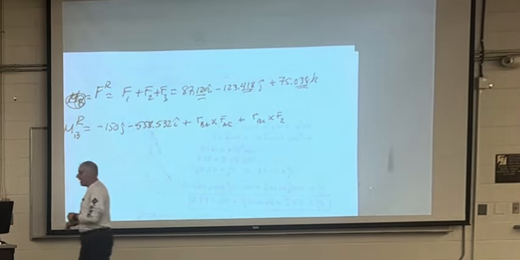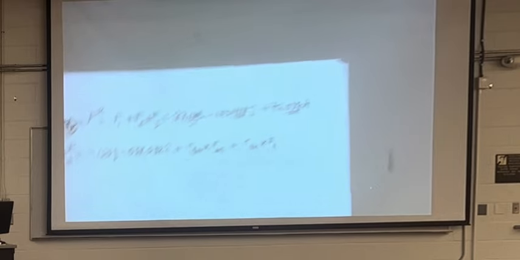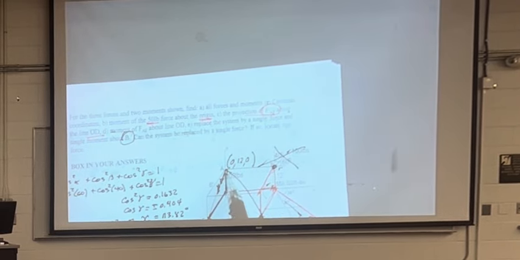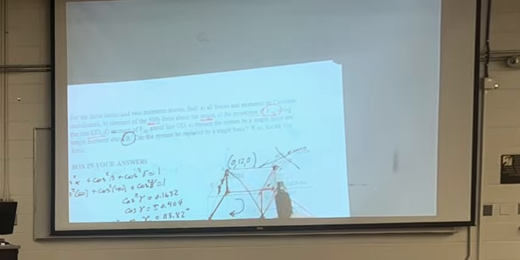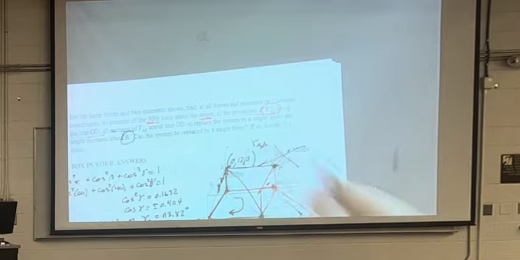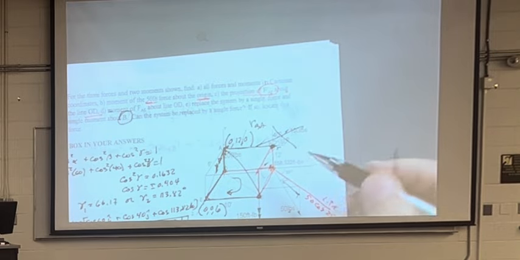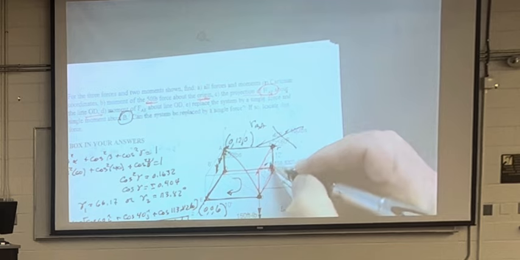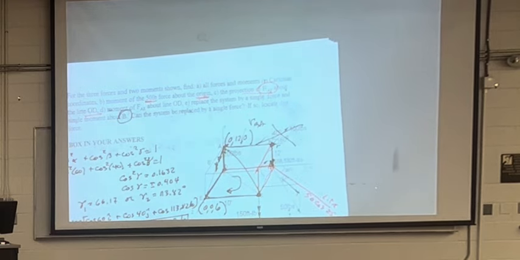So let's look at the diagram so you can see what I'm doing. I'm taking moments here. For FAE, I'm going from B to A. There's my RBA. For the other, I'm going to go RBC. So they're pretty easy R's.